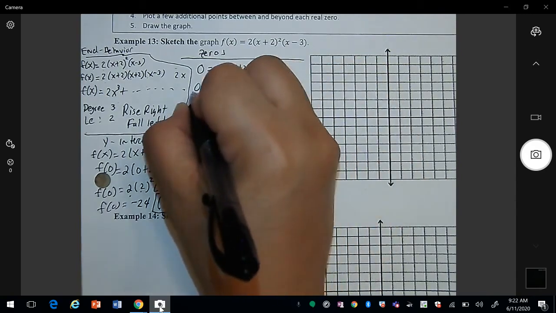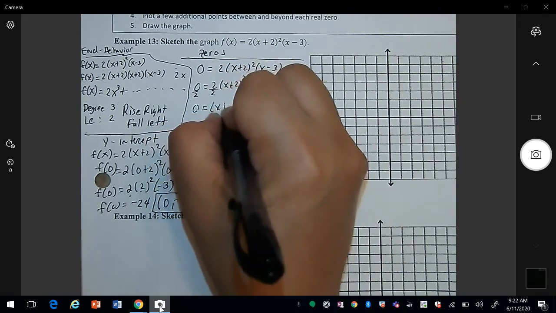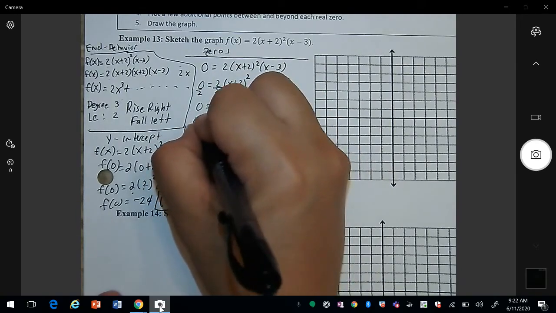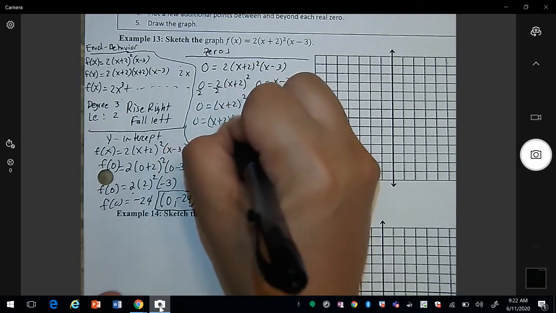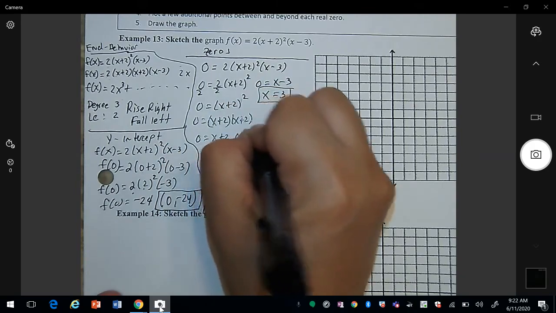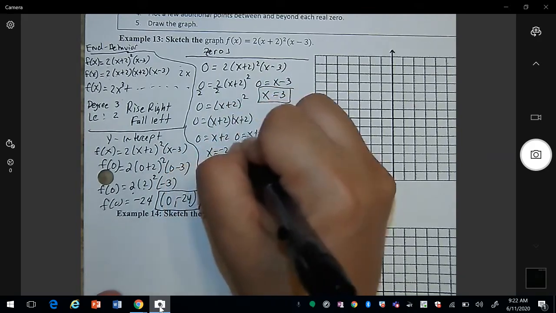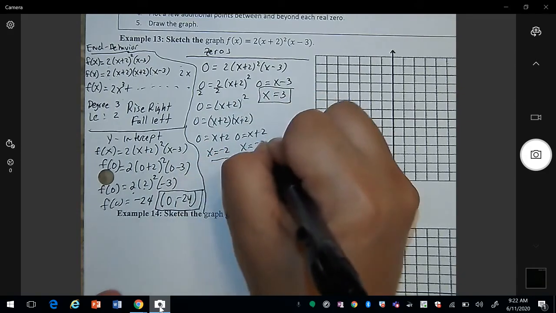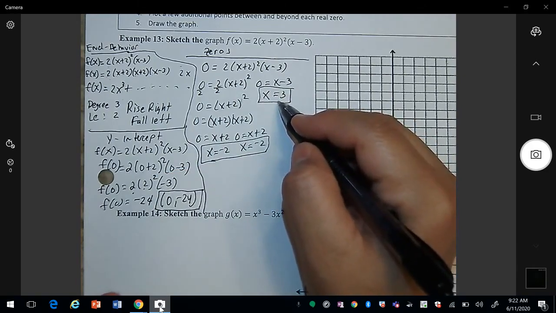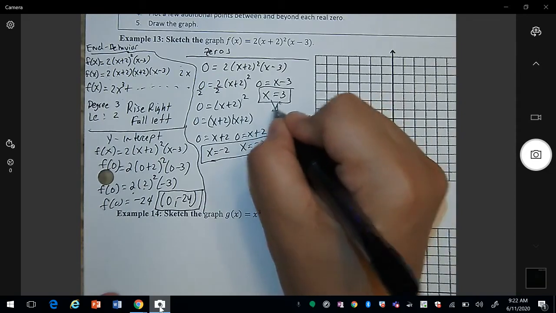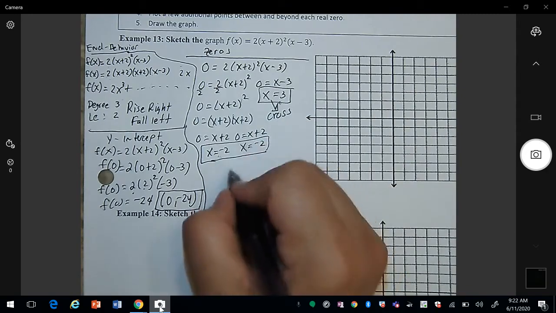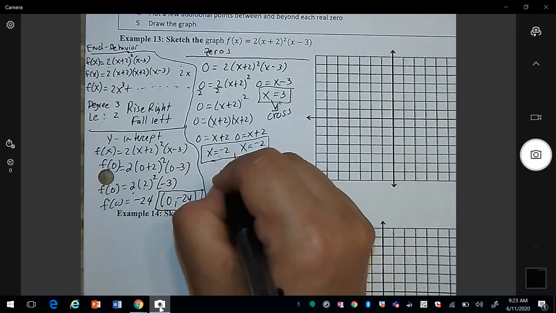And here if I divide by 2, I get 0 is equal to x plus 2 squared, which I can rewrite as x plus 2 times x plus 2. So x is going to be negative 2 and x is negative 2. So at this point, since it occurs one time for x equals 3, then the graph is going to cross. And here, since I get 2 negative 2's, then the graph is going to touch.